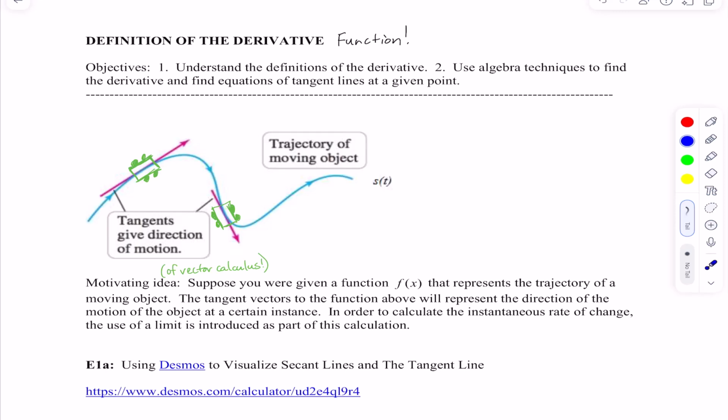The slope is neither positive nor negative. That means the function is not increasing and it's not decreasing. But what if the slope of the tangent line becomes negative? What do you know about the function? The function is currently decreasing. So there are lots of motivations to study tangent lines.